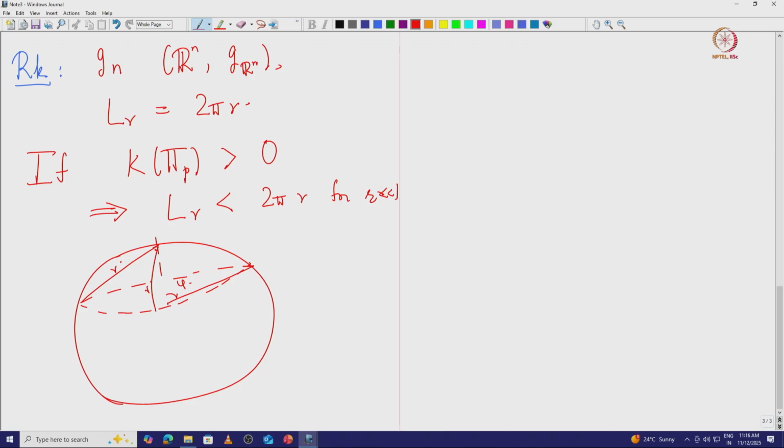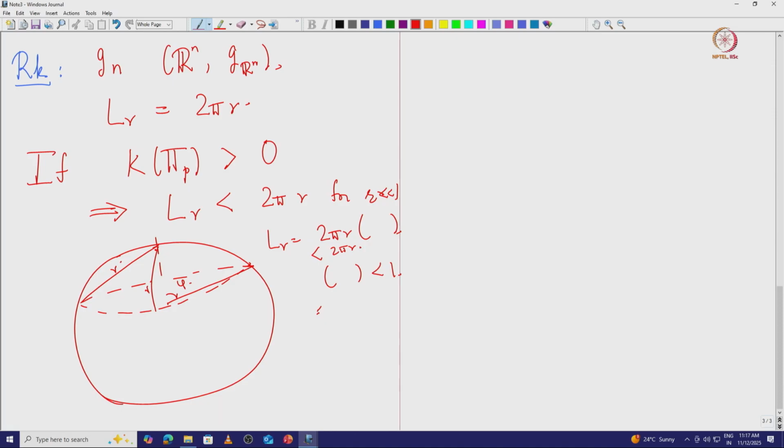Then one can actually check that this Lr will be 2 pi r times a factor where this factor is strictly less than 1. In fact, I think it's something like 1 minus cos phi or something like that, where phi is the azimuthal angle of that circle. So this is an explicit calculation that you can do, and in fact as you see this will be strictly less than 2 pi r. Okay.